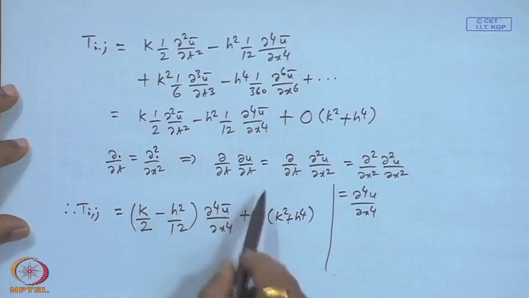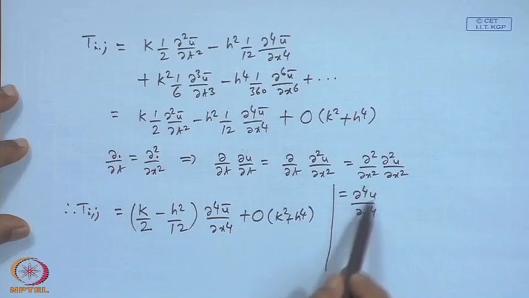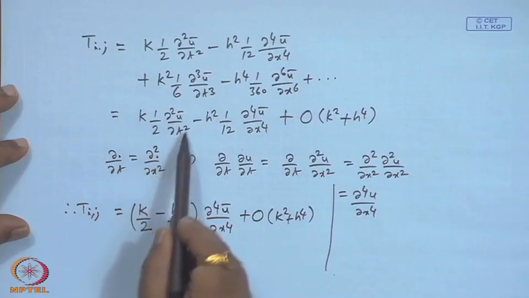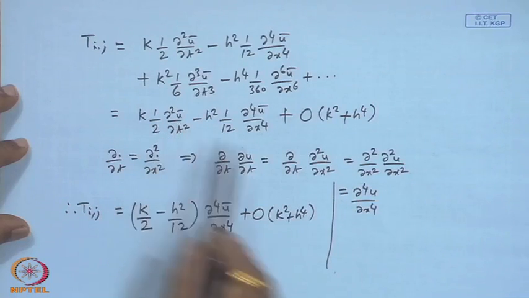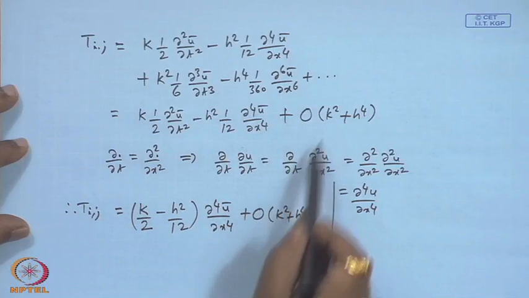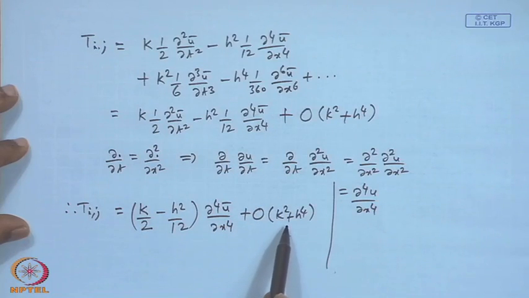Hope you are able to follow. This is the trick we did. I substituted for this term and took common, and this is the next non-zero term.